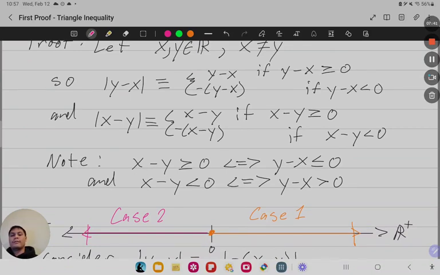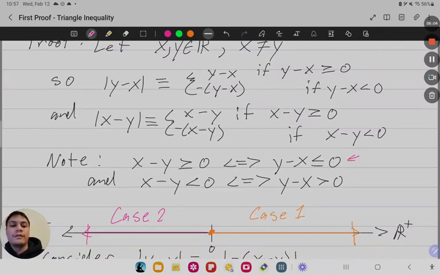Now, here's a cool thing that we can note. If we took x minus y is greater than or equal to 0, which is this constraint here, and we multiplied by a negative, we'd be effectively entering the domain of this guy. We'd be flipping the sign, which we'd be getting into y minus x is less than 0.